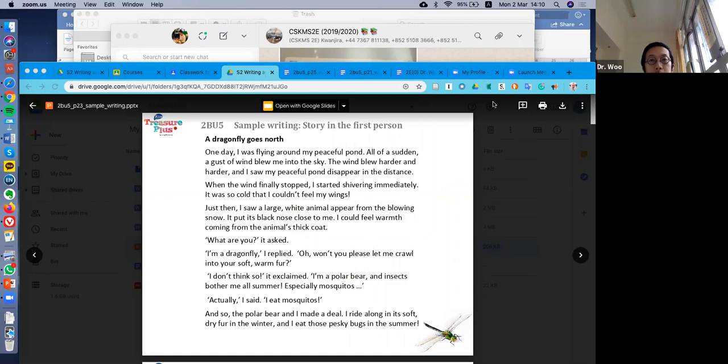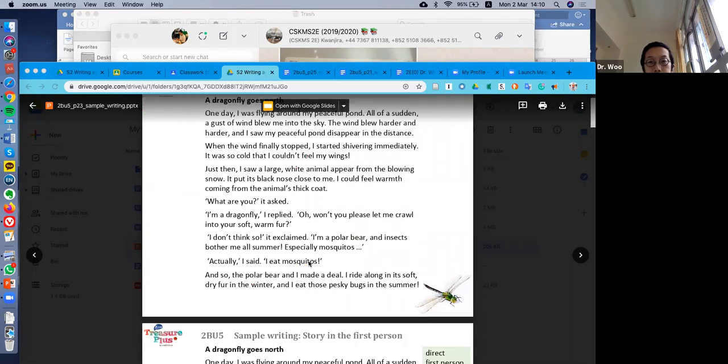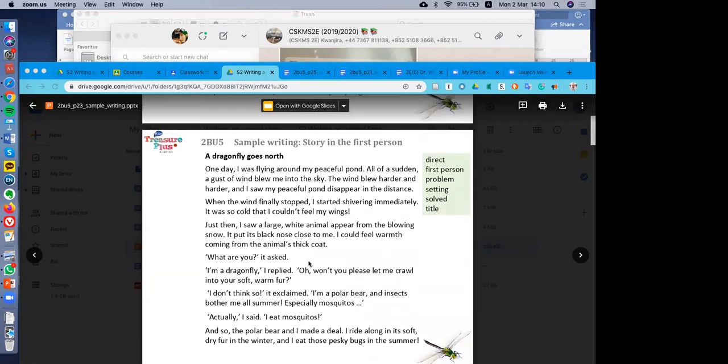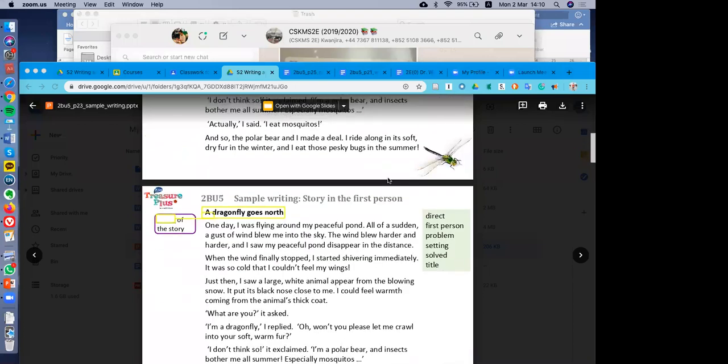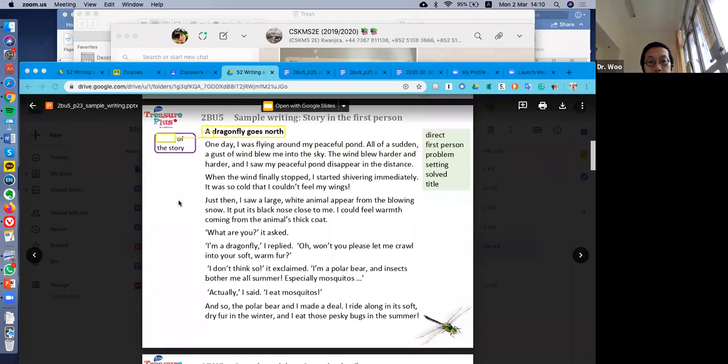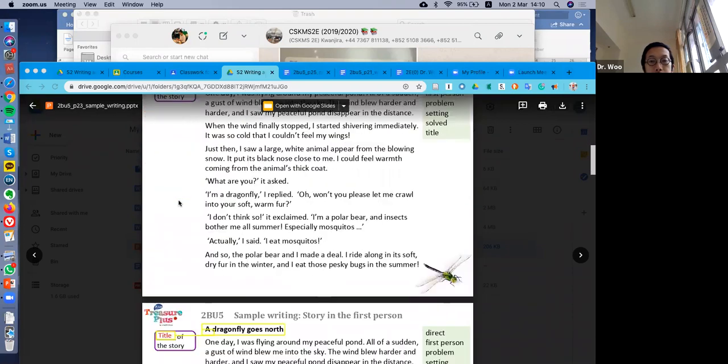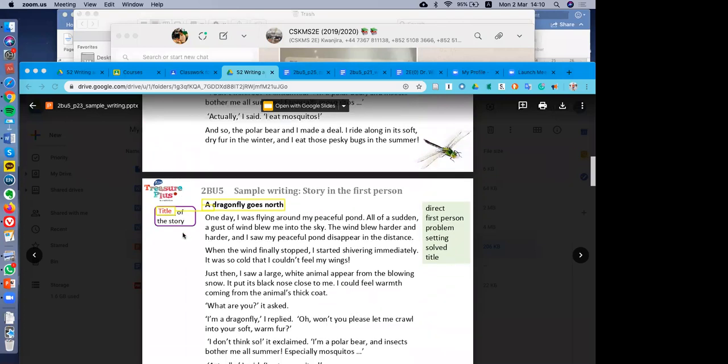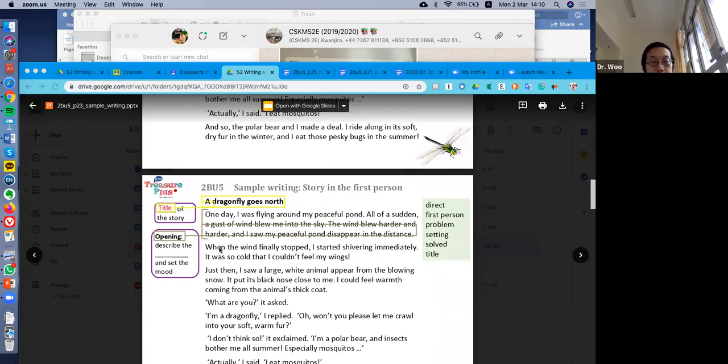Okay. I'll take you through this slideshow right now because it shows you the structure. You can see first the title of the story, A Dragonfly Goes North. Then you can see the opening.